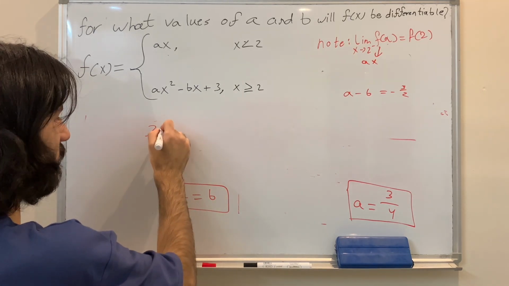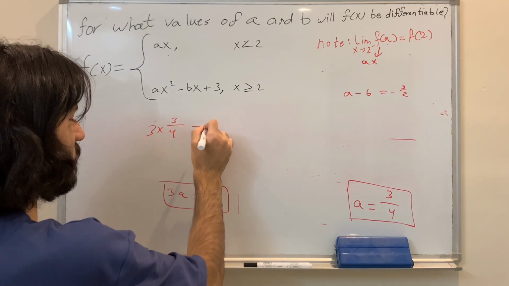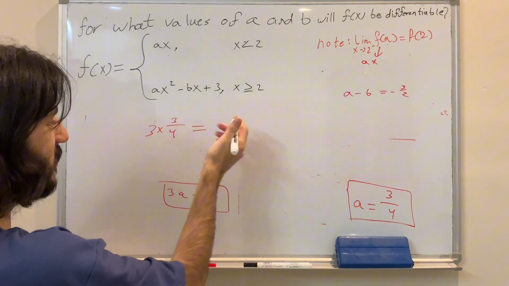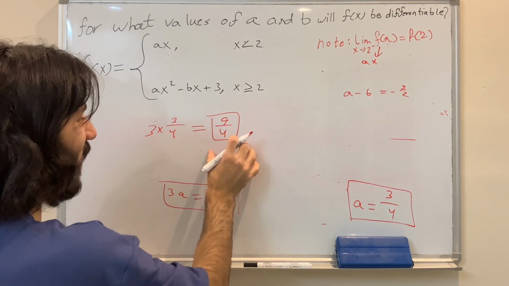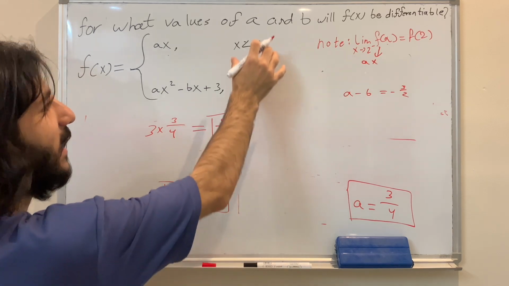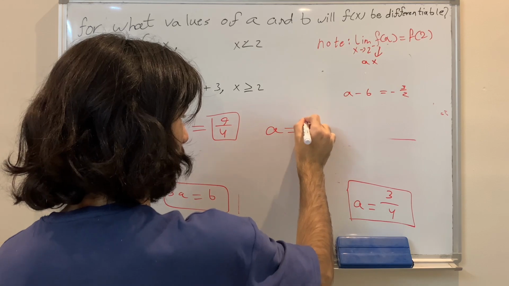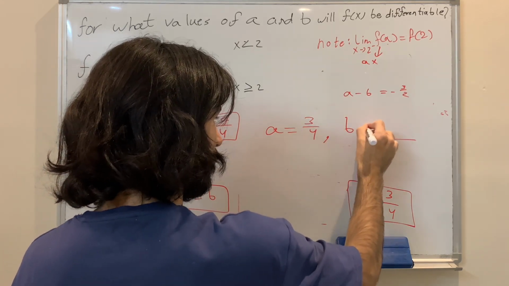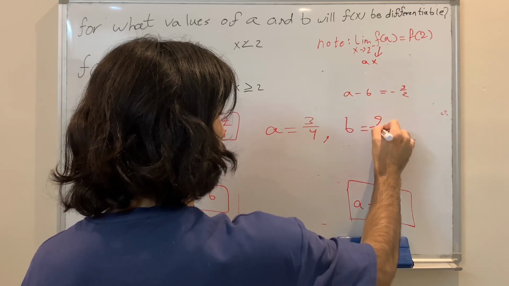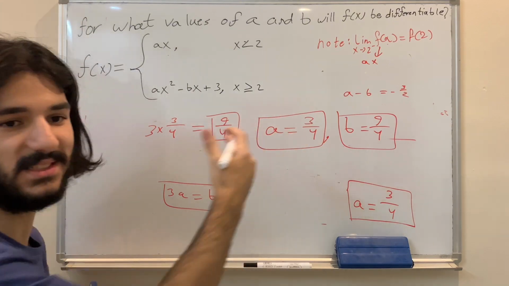So 3 times 3 over 4, 3 times 3 is going to be 9 over 4. And that's b. So the values of a and b: a is going to equal 3 over 4 and b is going to equal 9 over 4. And that is the question.